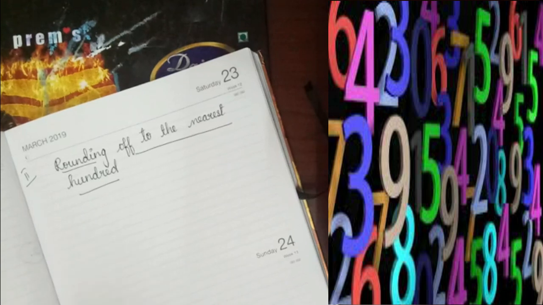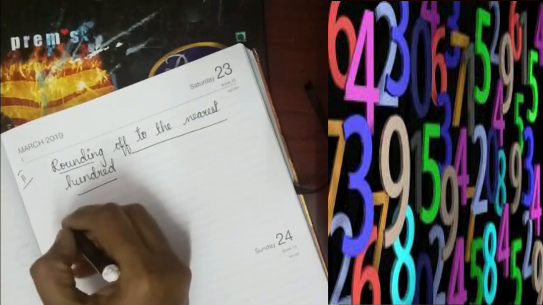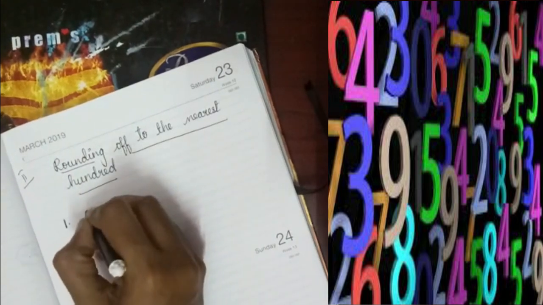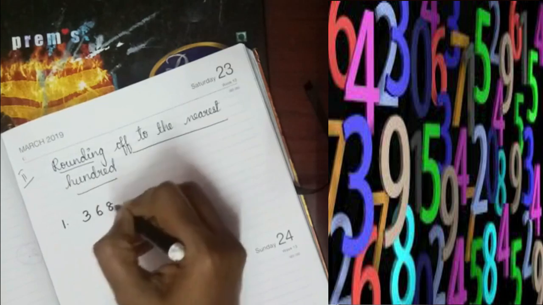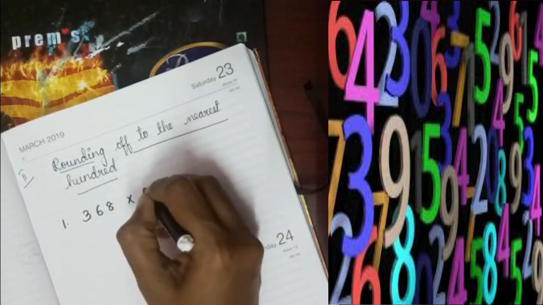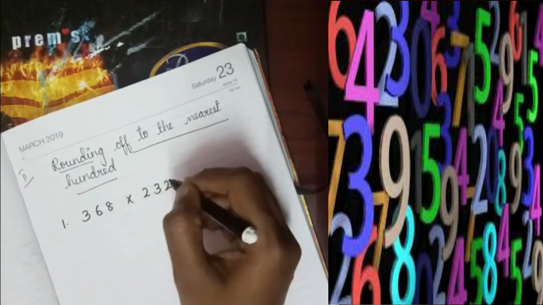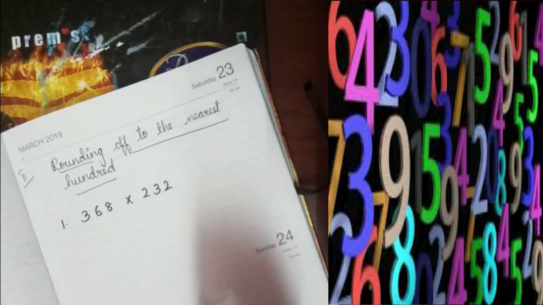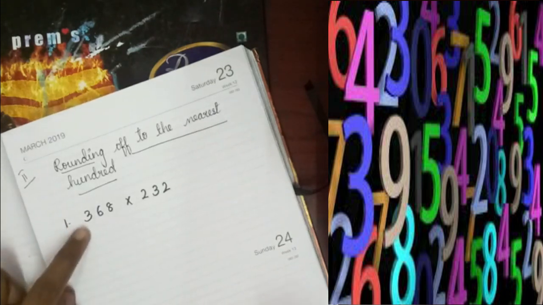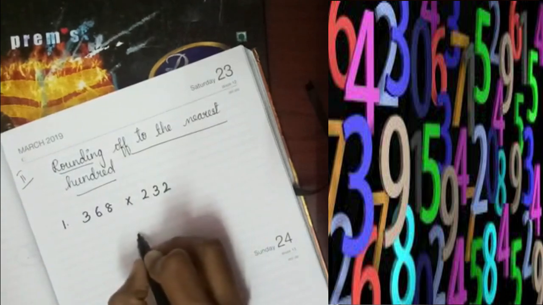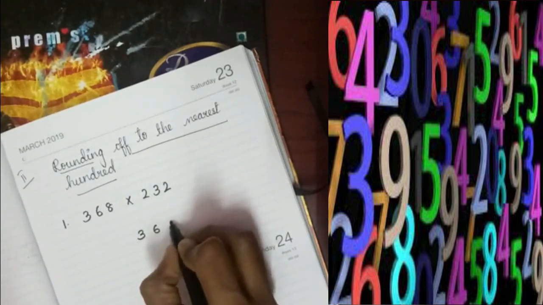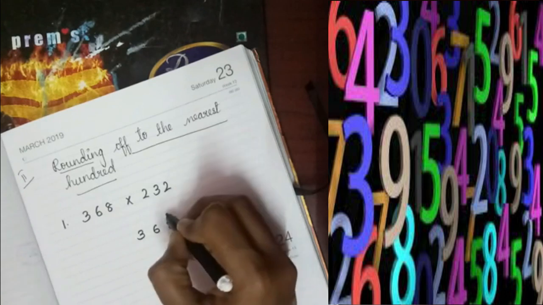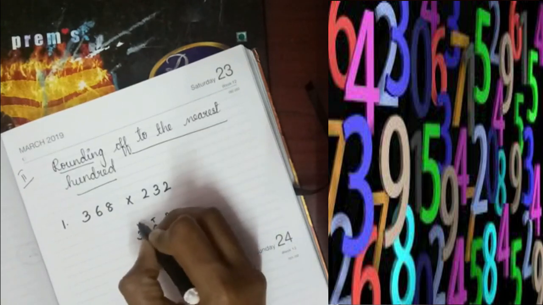So the first sum I'm going to teach you is 368 multiplied by 232. First we'll take 368. This is ones, this is tens, this is hundreds.